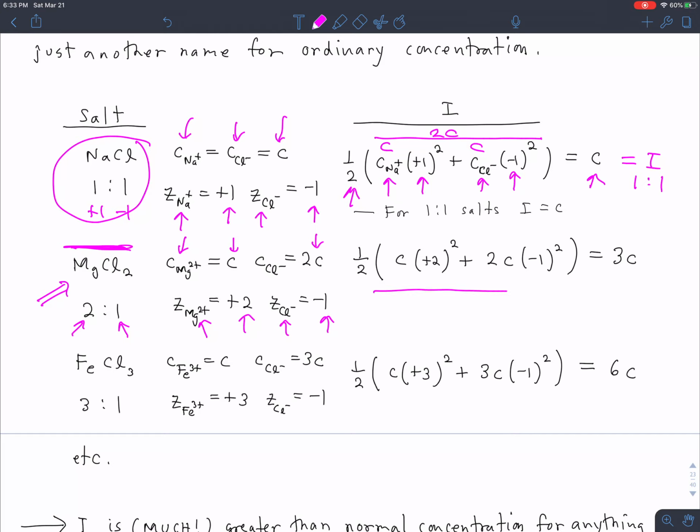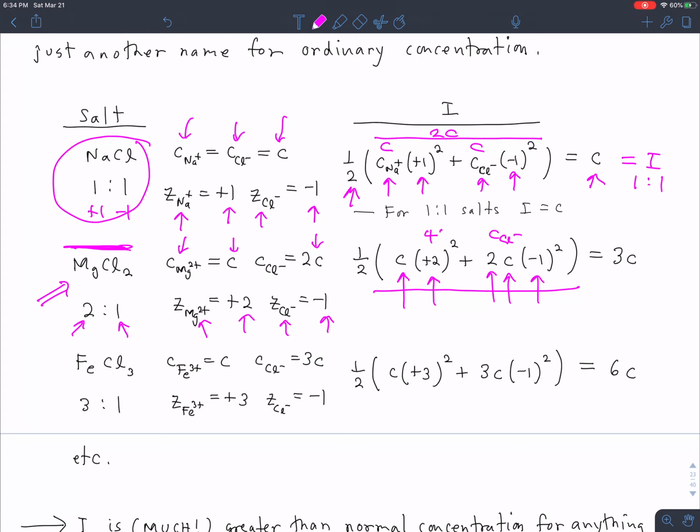That means that when we calculate ionic strength, we've got the concentration of magnesium times Z squared for magnesium, which is a 4. Then we've got the concentration of chloride, which is twice the concentration of magnesium, times the Z squared for chloride, which is just a 1 again.